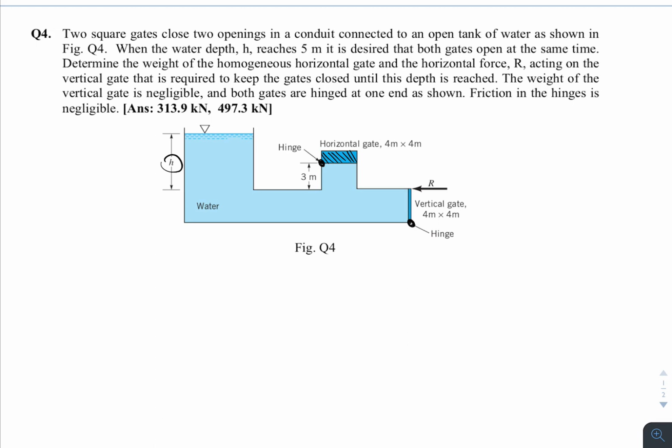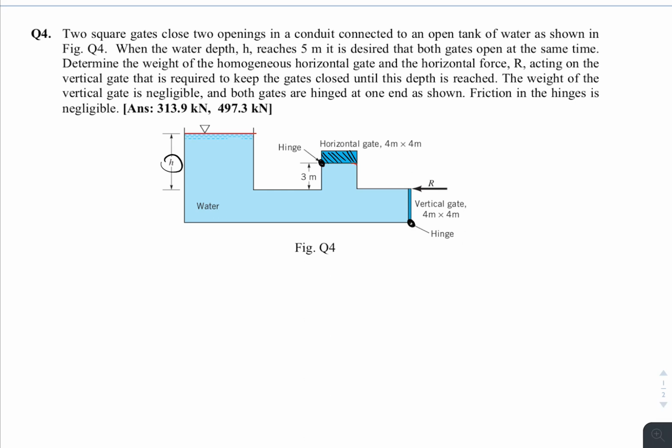So just tackling this problem as we would tackle any of our other hydrostatics problems, we'll start by looking at our regions of constant pressure across this system. So here we have our free surface. This free surface here is at atmospheric pressure. We can work in gauge pressures. Pressure here is 0 and it increases with depth.